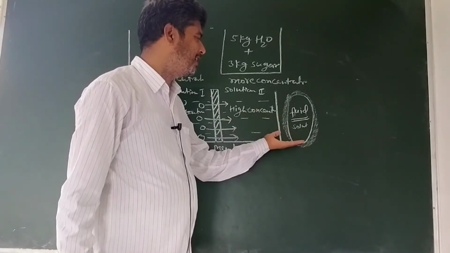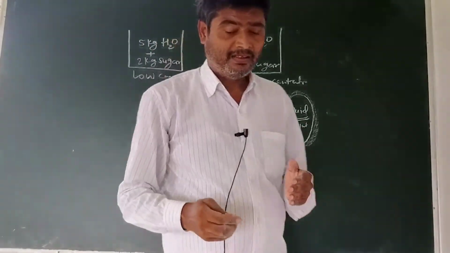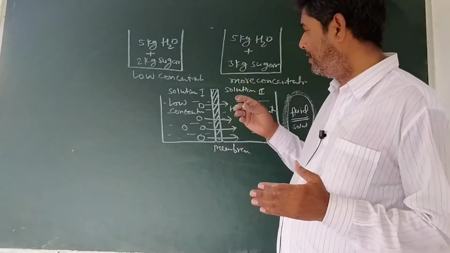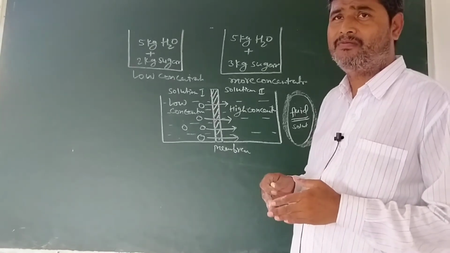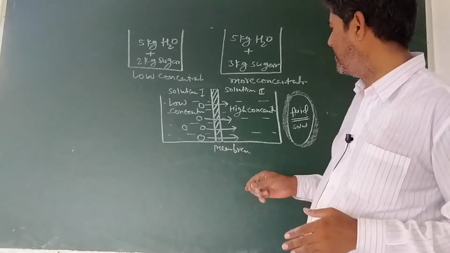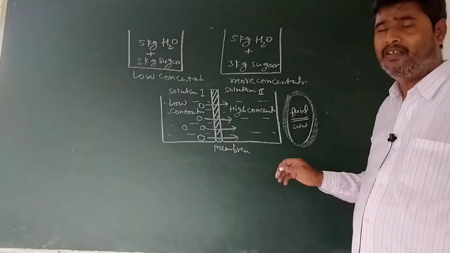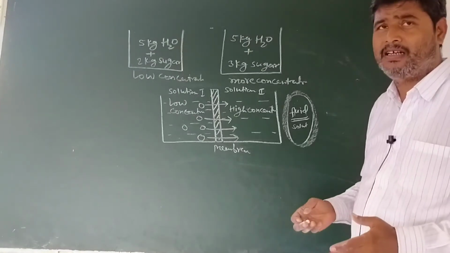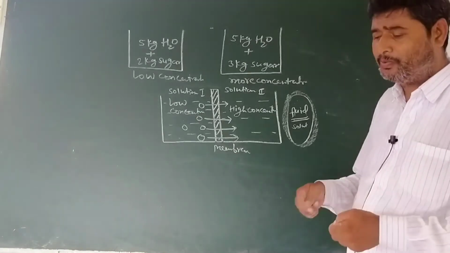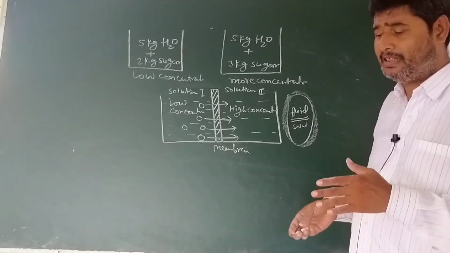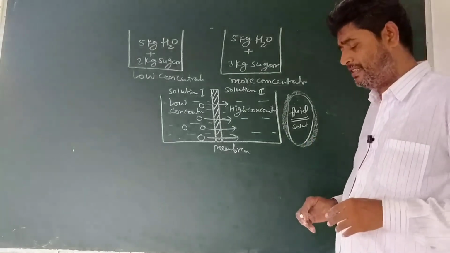When carefully it is transferred into the NaCl solution, the membrane of the egg will behave as a semi-permeable membrane, and solvent molecules, that is water from the solution inside the egg, will transfer outward and go into the NaCl solution. So due to removal of water molecules from inside the egg, it is shrinkled, it is contracted.